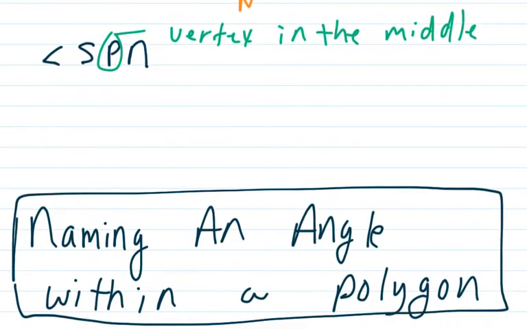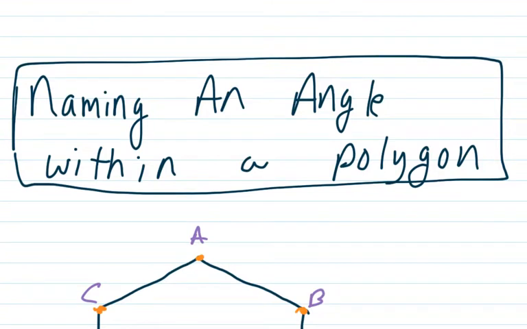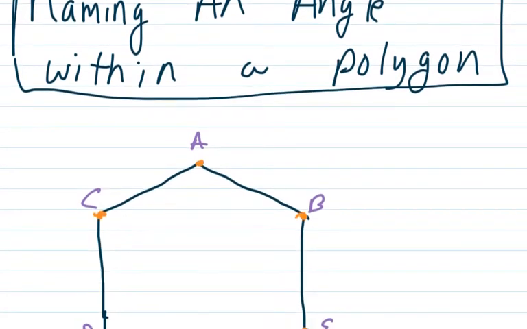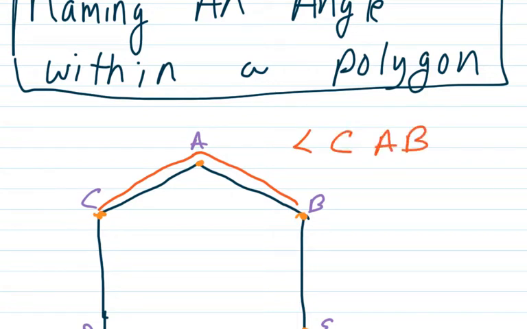Now, let's say that we want to name an angle within a polygon. And let's say that we're looking at this angle right here. Well, then we will name that angle, angle CAB. You remember that the vertex is in the middle.